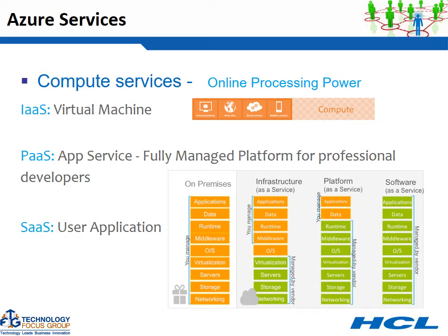In case of platform as a service, you will also be provided with the operating system, the development frameworks, the runtimes. The only things that you will have control over are the applications that you are developing and the data attached to it. In case of software as a service, you don't really manage anything. Everything is managed by the vendor.